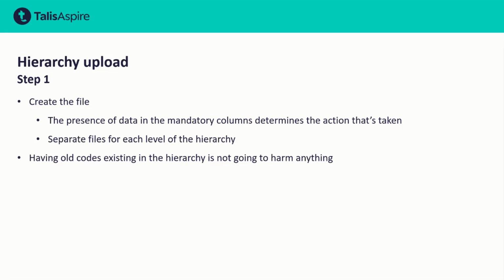And something I should emphasize is that if a node doesn't appear in the upload that you're doing, that node in the hierarchy is not going to be affected. So if you've not put it in that file that you're uploading, it's not going to be affected.